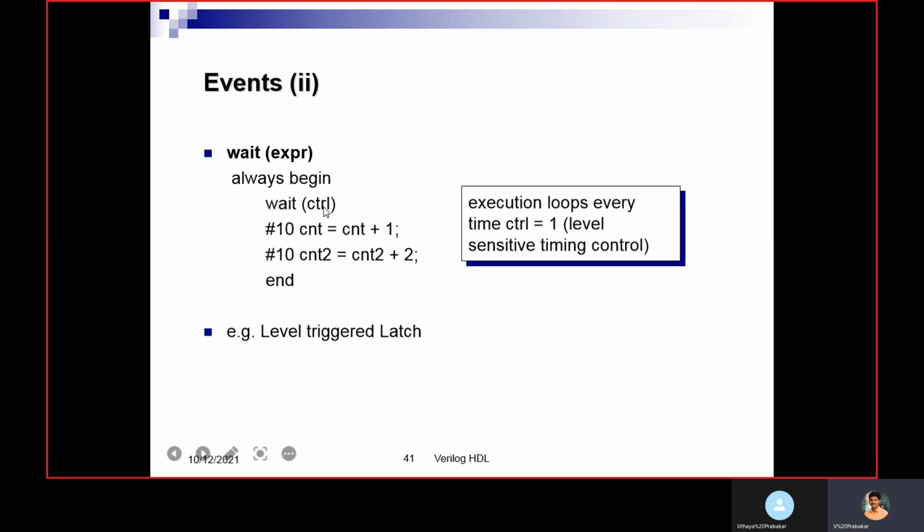Until this control becomes 1, it will wait. Always will run in a looping fashion, but here it is controlled by wait; until control becomes 1, it will not enter into these two statements. When control becomes 1, it will start this process. It is used to implement level-triggered latches. Latches are level sensitive, right?